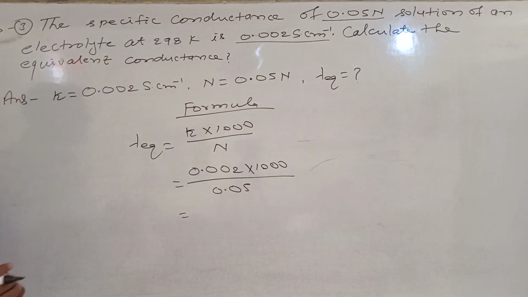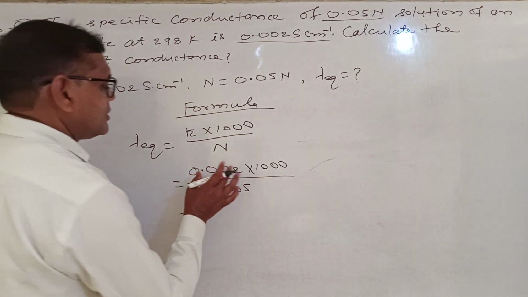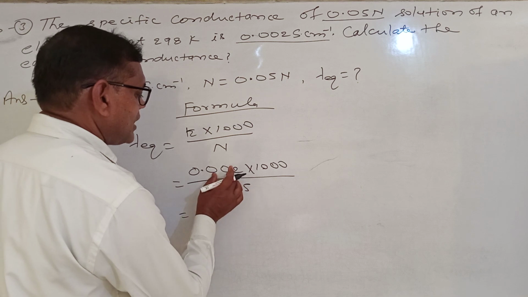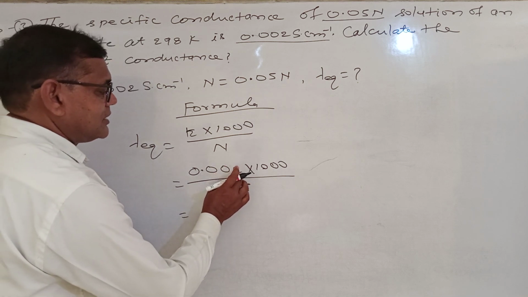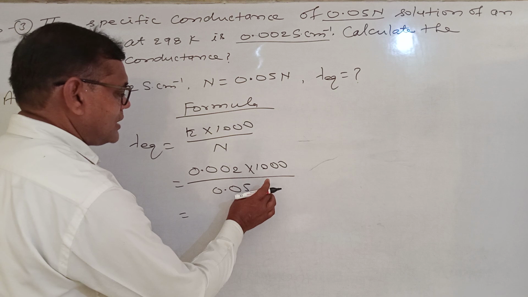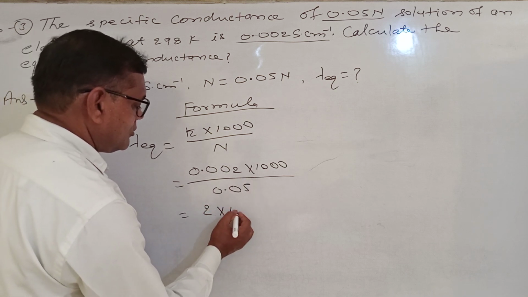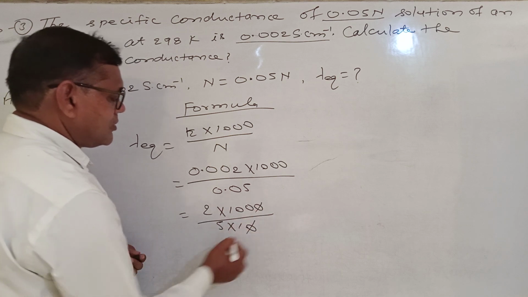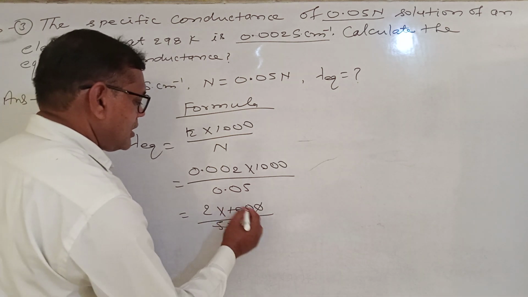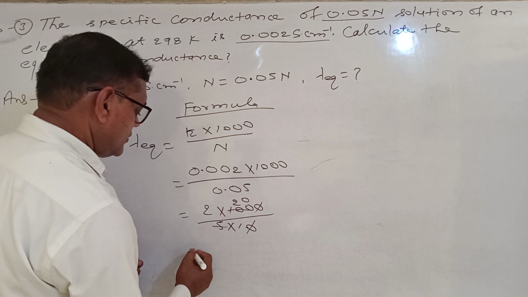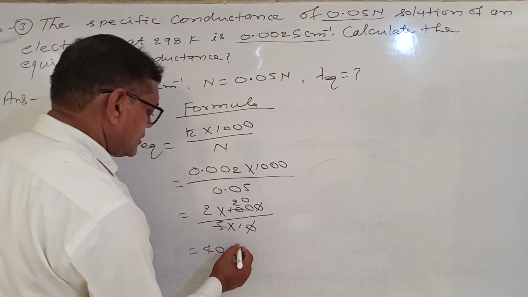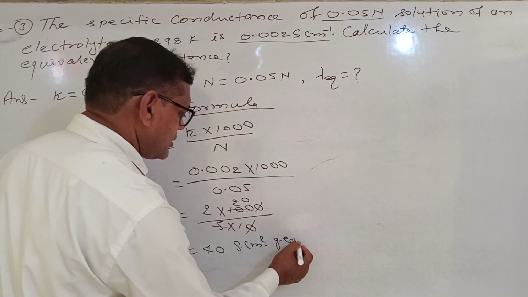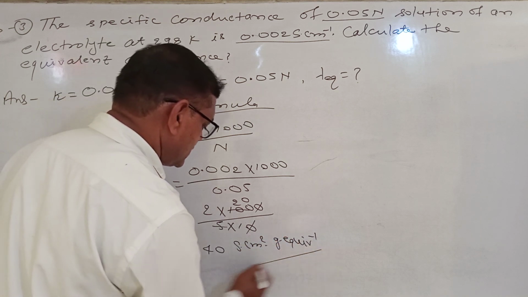We remove the decimal point: in the upper 3 digits and in the lower 2 digits. 2 digits are equal, 1 digit is extra, therefore 1 zero. Here we write 2 into 1000 upon 5 into 10. One zero cancels out, and it cancels to 20. We write 40 Siemens cm square gram equivalent inverse. This is the answer.